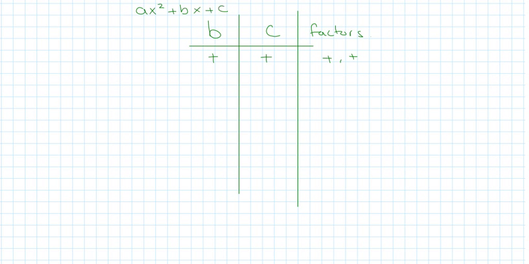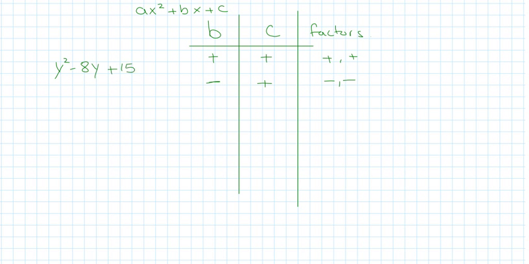If B is negative and C is positive, then both factors have to be negative, like the scenario that we just had. Look at y squared minus 8y plus 15.